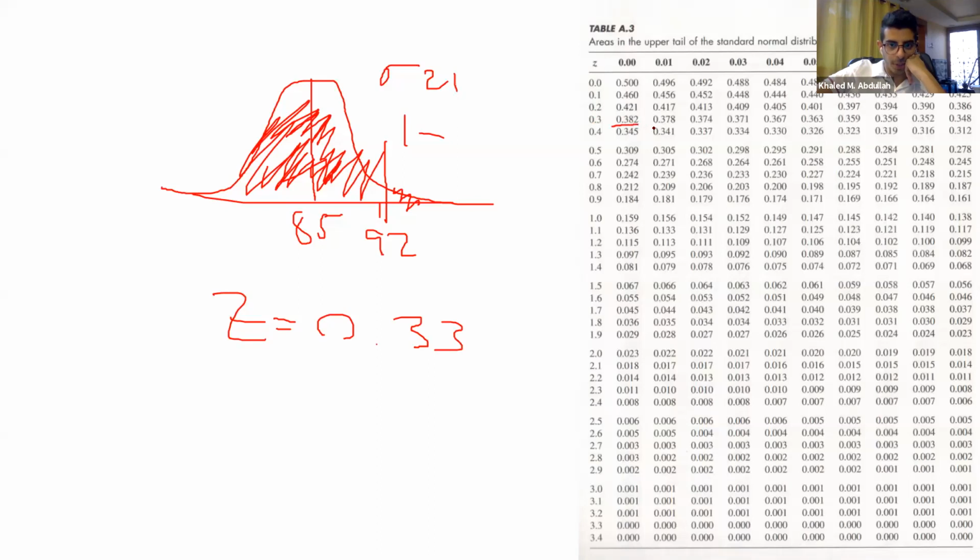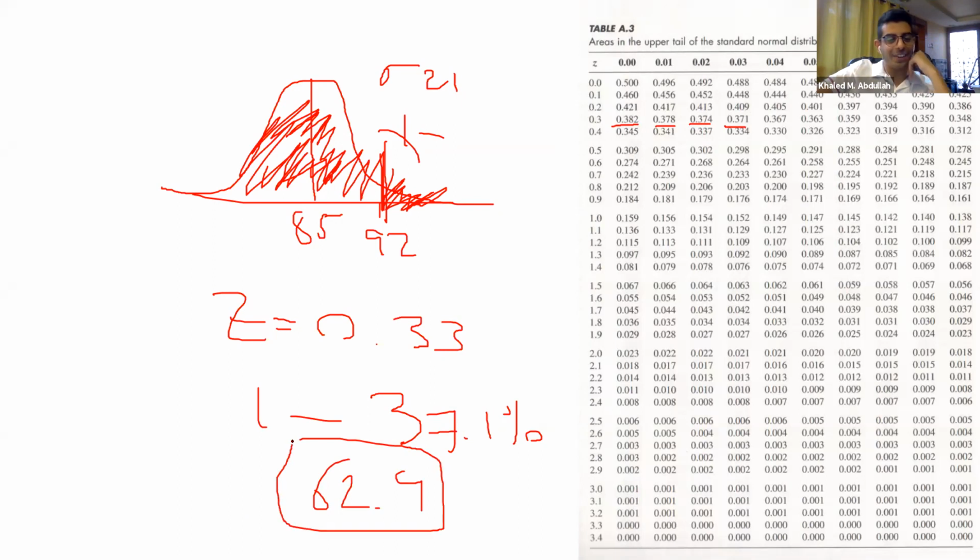This is 0.30, 0.31, 0.32, 0.33. So the chance is 37.1%. This is of getting this value or more than that. We don't want that. We want the opposite. So we'll do 1 minus. So what's 1 minus is going to be? 62.9, right? So that's how he tries to trick you.